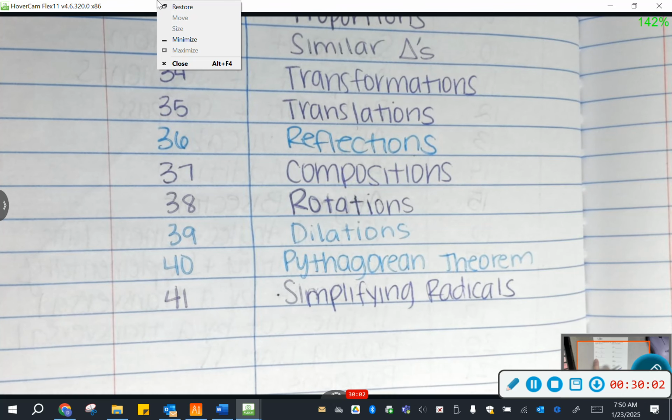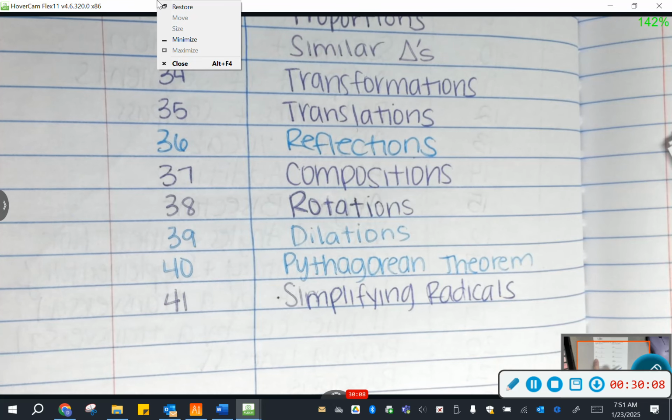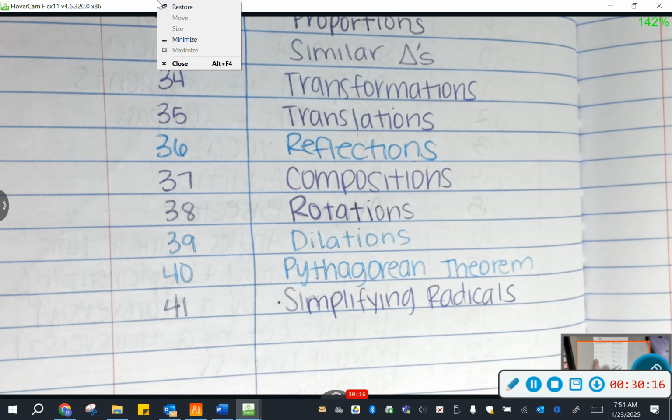All right, we have 15 minutes left in class. What I want you to do on this worksheet is you only have to do the evens. What do I mean by evens? 2, 4, 6, 8, 10, 12. Just the evens.